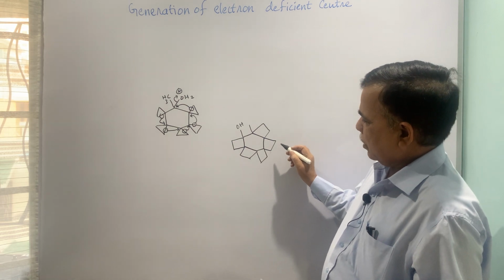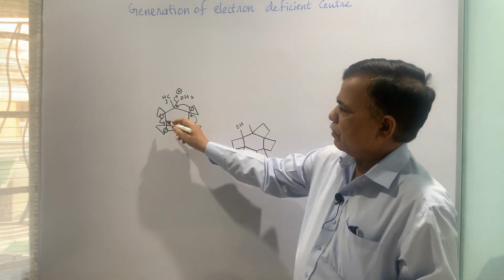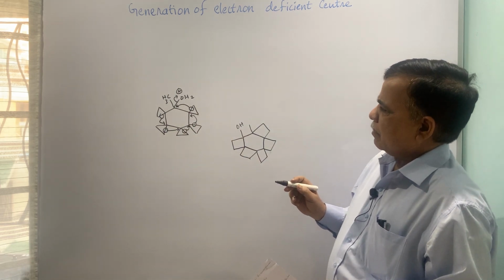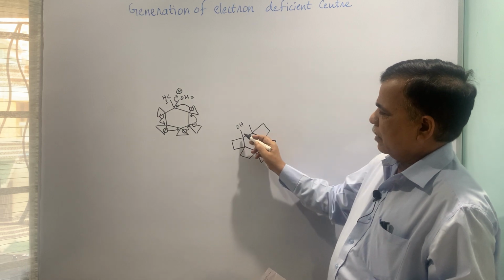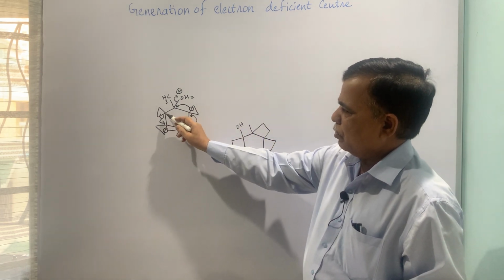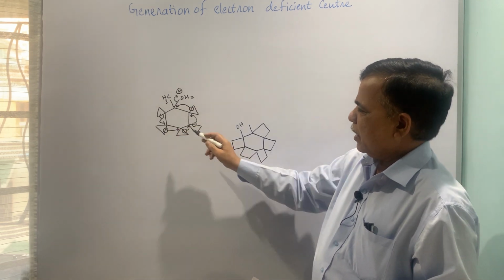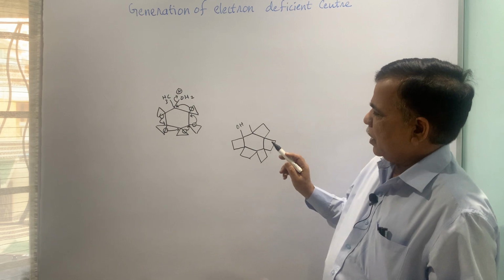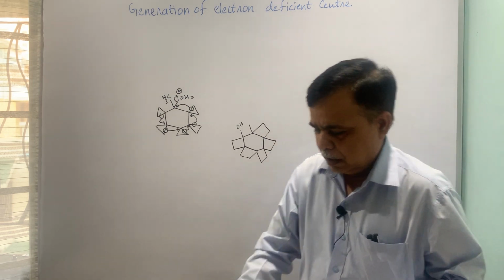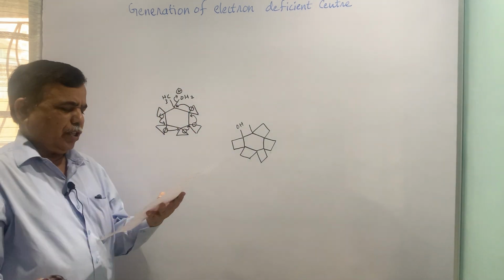So this is your 1, 2, 3, 4, 5, 1, 2, 3, 4, 5. So 3-membered rings become 4-membered rings, and finally this positive charge would be here, because this is the last bond to move. This becomes positive, and that is being attacked by the water. So this is the rearranged product wherein ring expansion occurs.